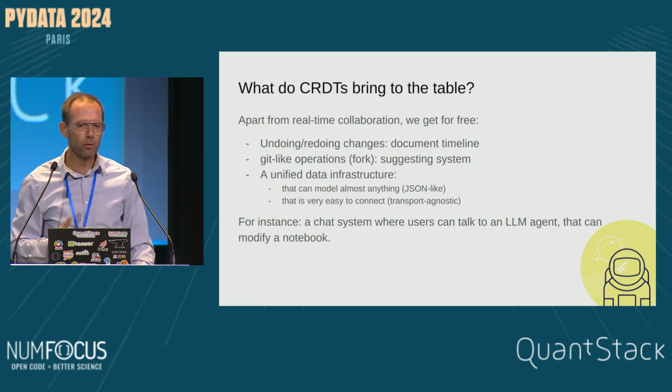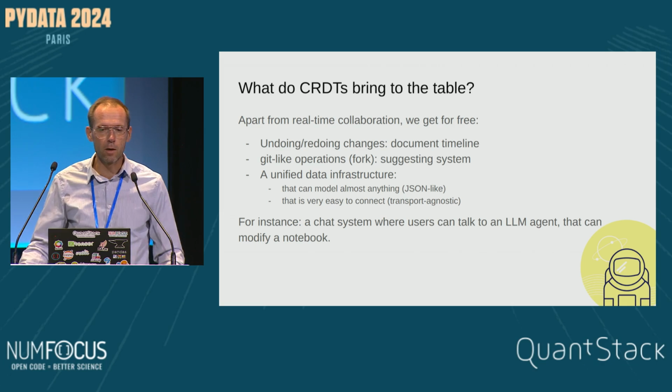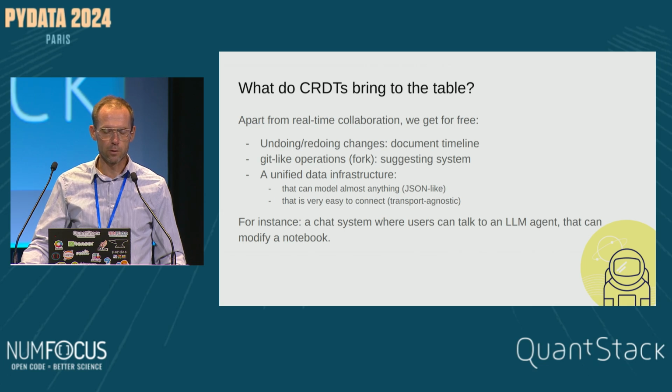And it also brings a kind of unified architecture, with the ability to model almost any kind of data because it's JSON-like. And as I said, it's very easy to connect through providers, WebSocket or WebRTC providers.